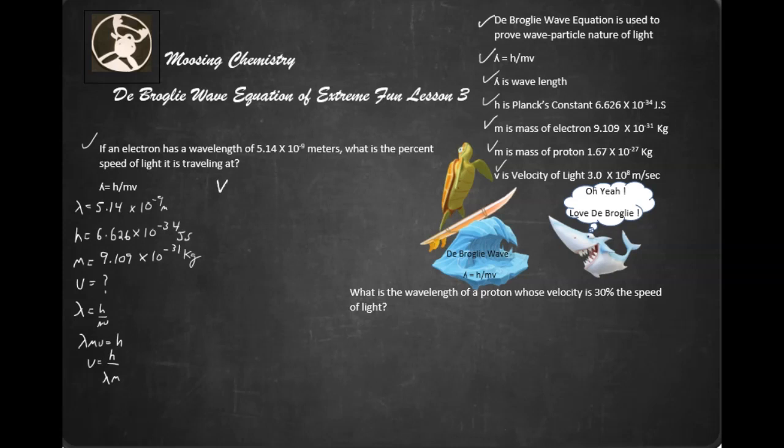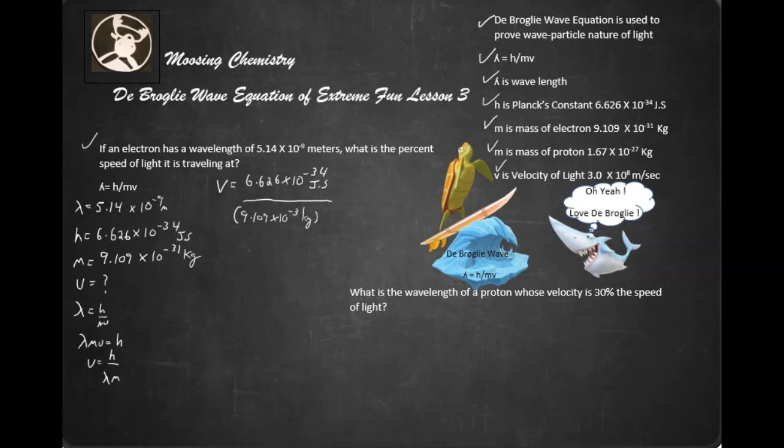So v equals Planck's constant on top, joules per second, over, of course, our mass, which is 9.109 times 10 to the negative 31 kilograms.